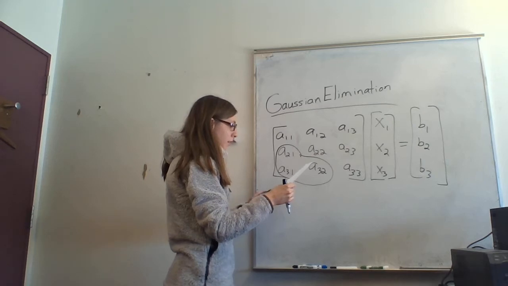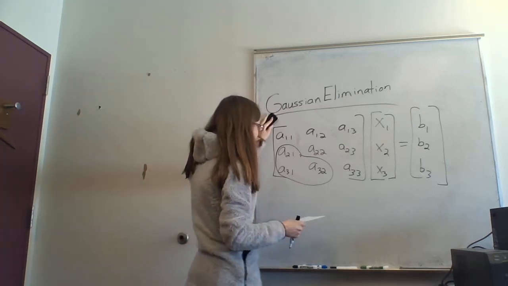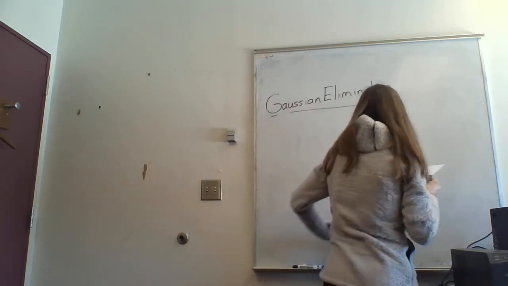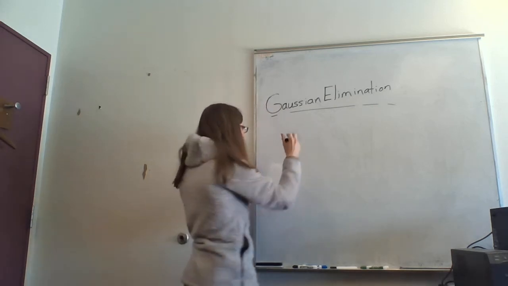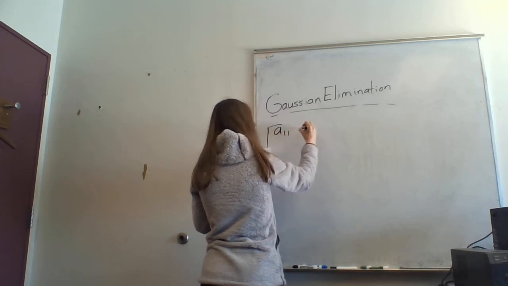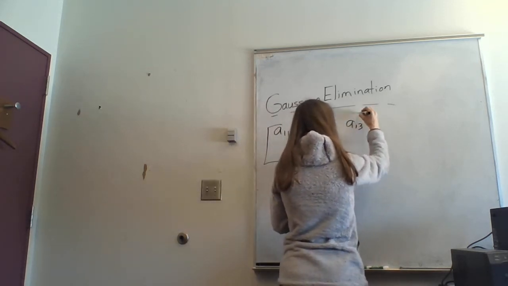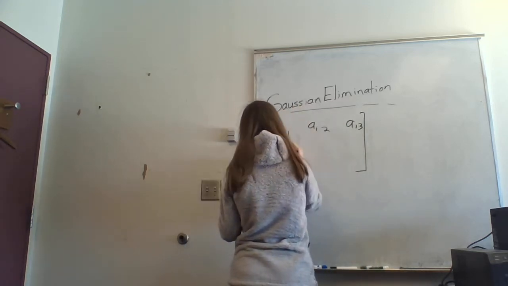Just to remind us of what the forward elimination part looked like, what we were doing was going step by step. For the forward elimination, we want to modify some of the entries in our original matrix.